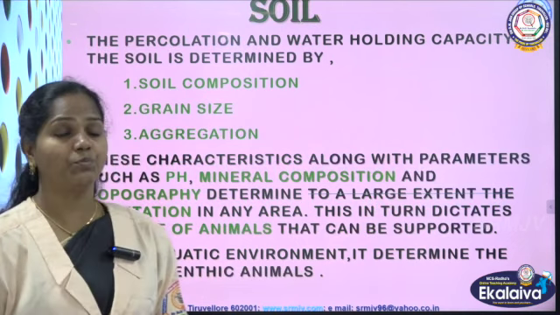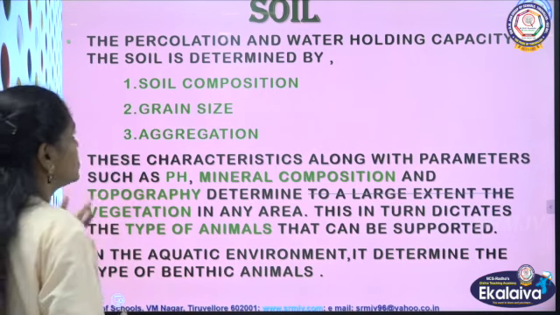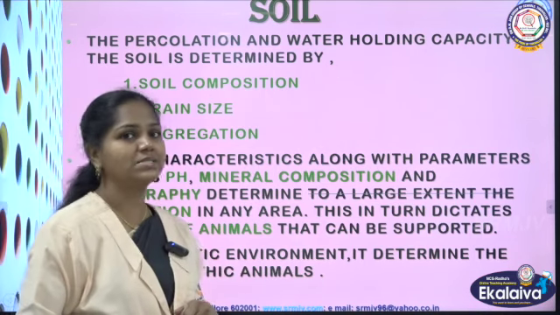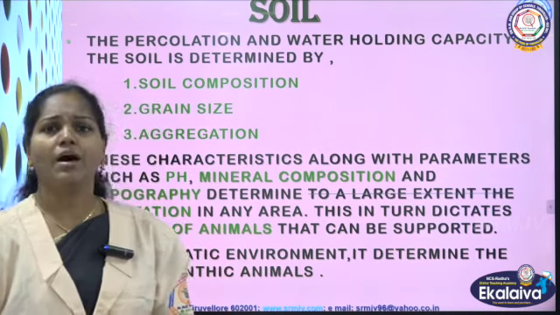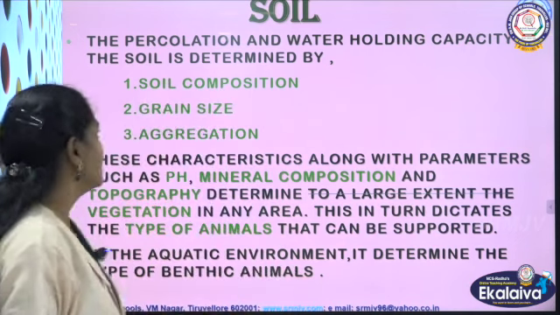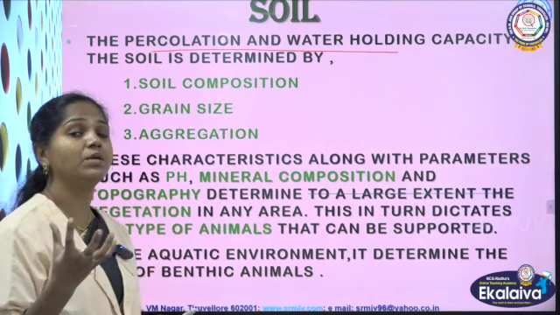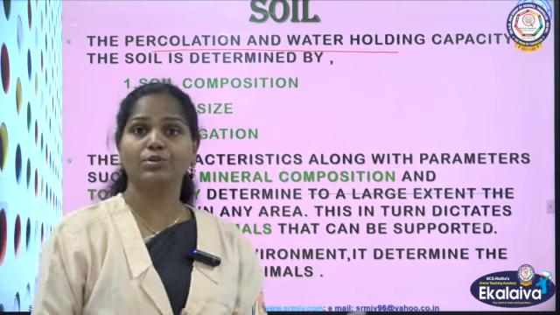The last one we are going to discuss is our soil. Soil is very essential because, of course, it is supporting the growth of plants. The percolation and water holding capacity are very important for the healthy growth of the plant.